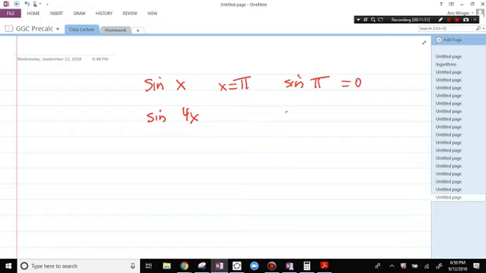But here, what will make this 0? We need the sine of something, and it's pi over 4. The sine of 4 times pi over 4 is the sine of pi, and that's 0. So it's like you're getting to do stuff earlier. All the stuff that the sine of x does happens earlier and faster when you put a 4 there. It goes through its period faster. We'll see that when we come up with a formula for the period.